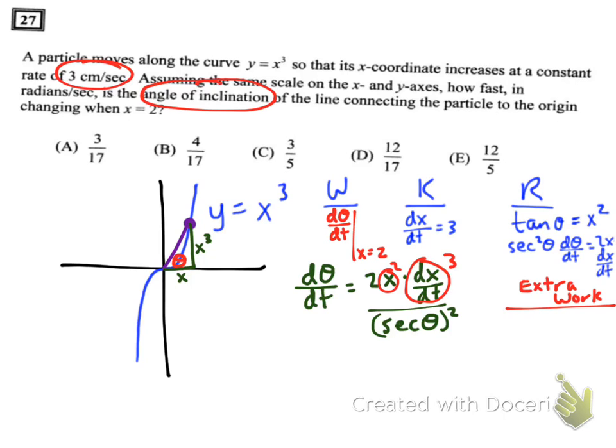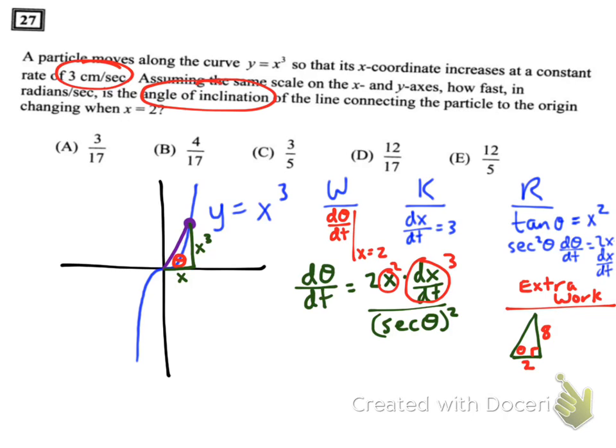We have a right triangle, and let's make it green. We've got this theta in the lower left-hand angle of this triangle, and we want d theta/dt at the precise moment when x has a value of 2, which would make the length of that side 2, and the other leg of the right triangle 2 cubed, or 8.